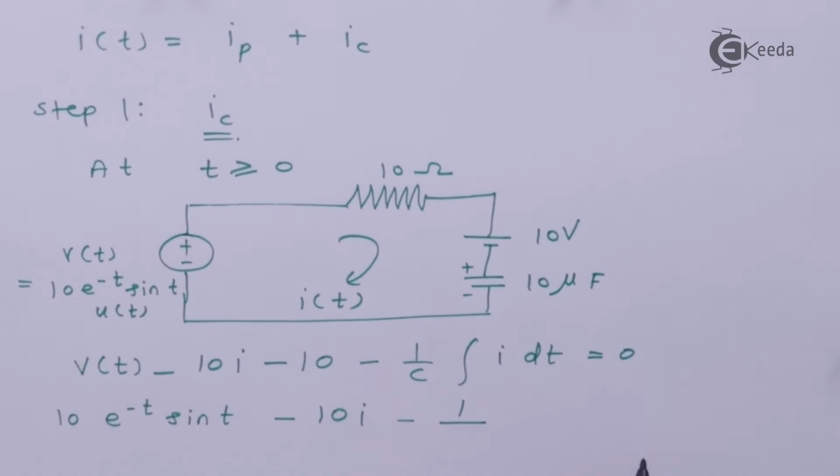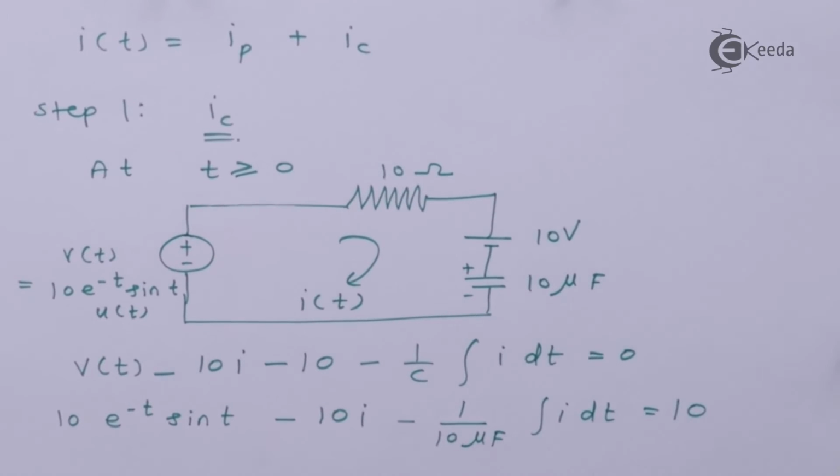The capacitance value is 10 microfarads. Now here I don't want this integration sign, so I will differentiate this equation. After differentiating, I will get a differential equation for which I have some standard solutions. So I will have to differentiate this equation with respect to time.